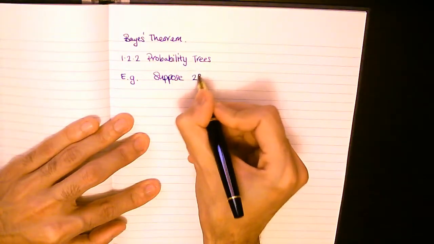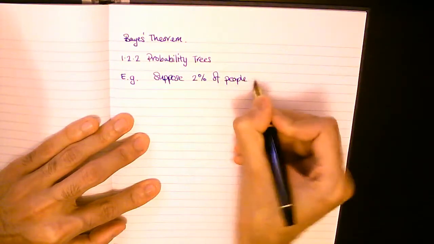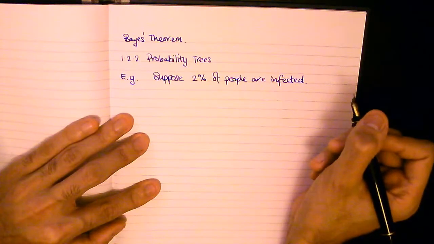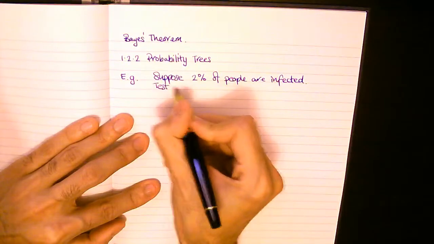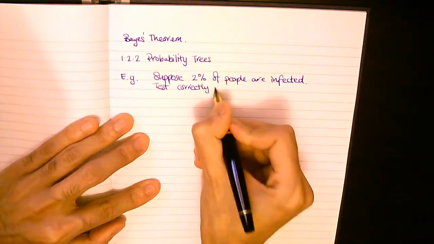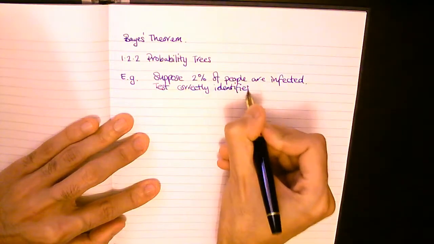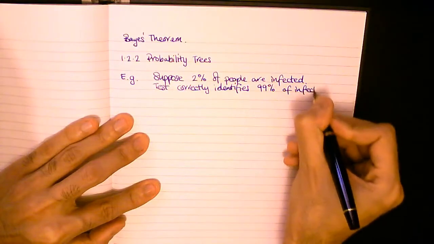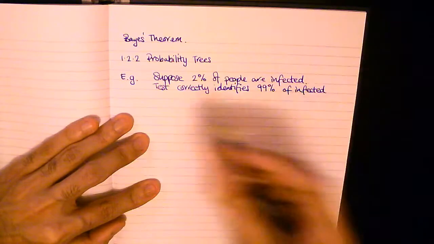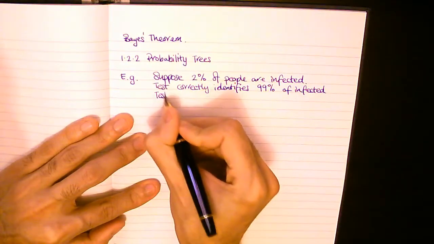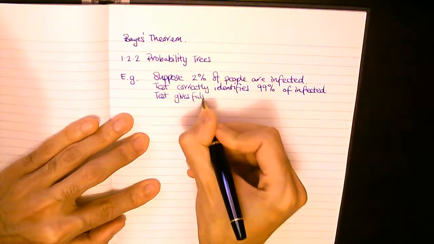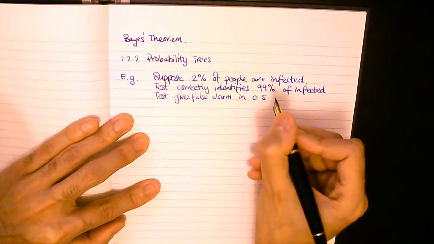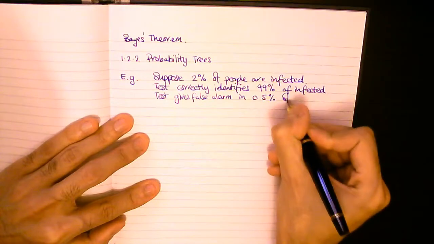Suppose 2% of people are infected with some disease, and also there's a test that's been developed for the disease, and the test correctly identifies 99% of the infected, and the test gives a false alarm in 0.5% of the not infected.